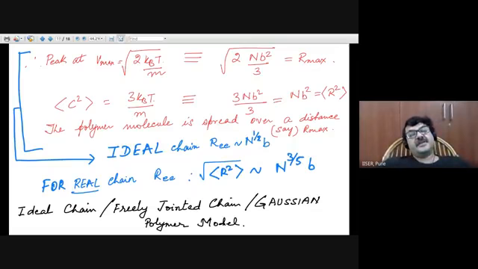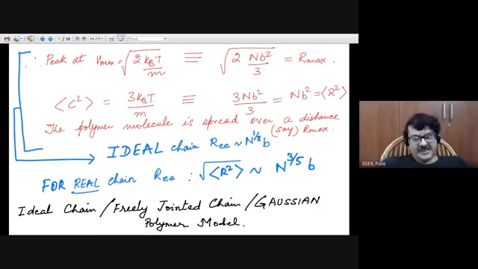For a real chain, where you incorporate excluded volume interaction so that two monomers cannot sit on top of each other and chains cannot cross each other, the end-to-end distance, as we shall see after 2 classes, goes as n to the power 3 by 5 into b. So this exponent increases from 0.5 to 0.6, right?